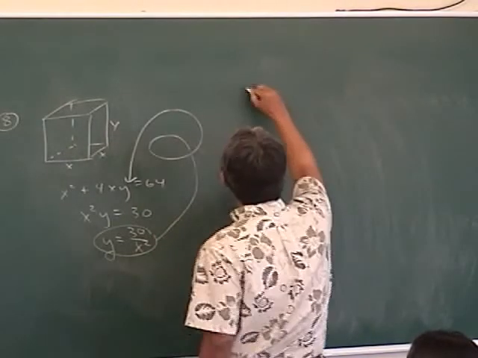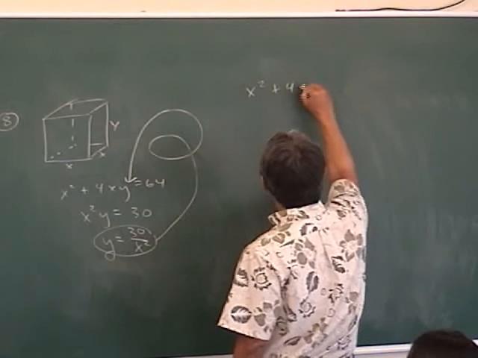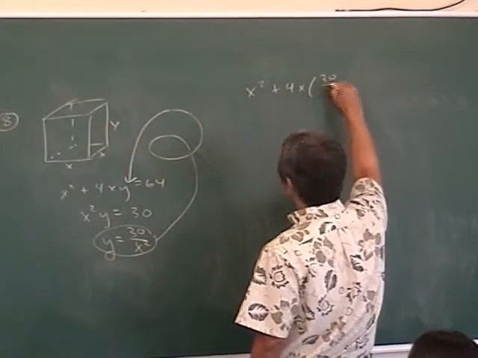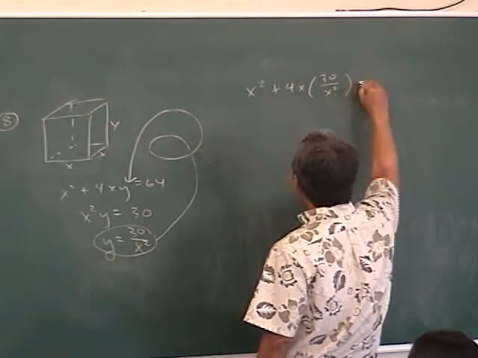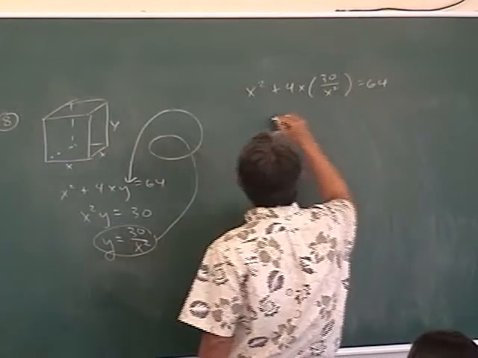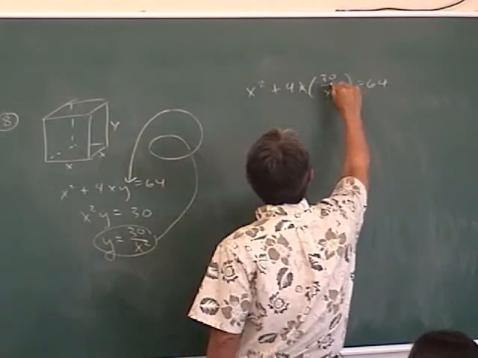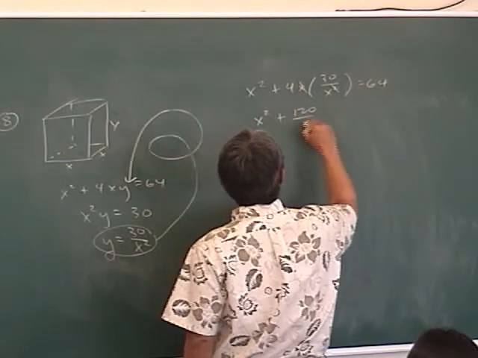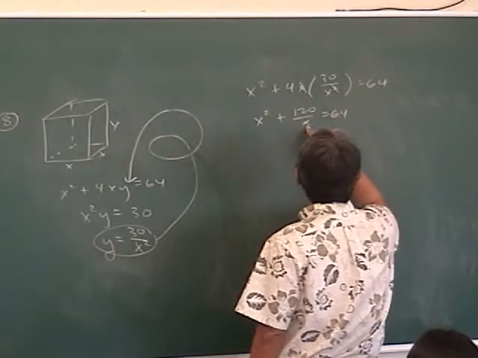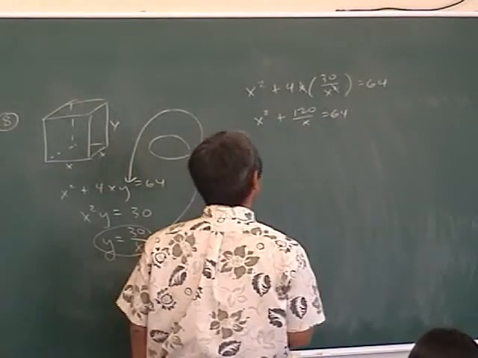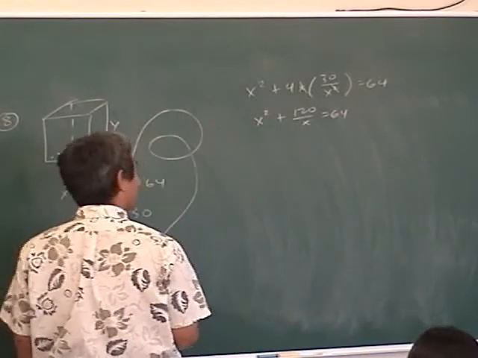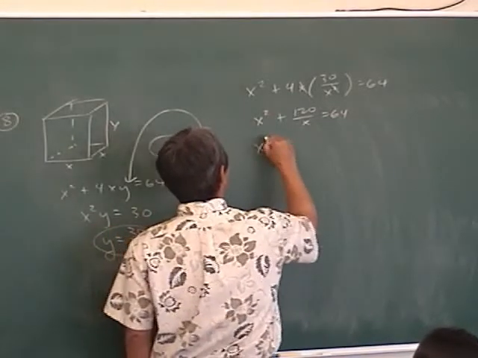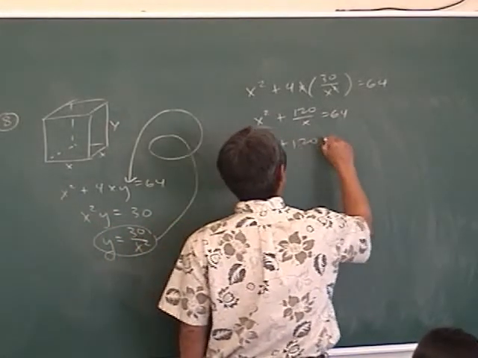So you get x squared plus 4xy. Doesn't this look like the one we did yesterday? Equals 64. So if this x cancels into that x, you get x squared plus 120 over x equals 64. How do I get rid of this thing from the bottom? Multiply both sides by x. So you get x cubed plus 120 equals 64x.